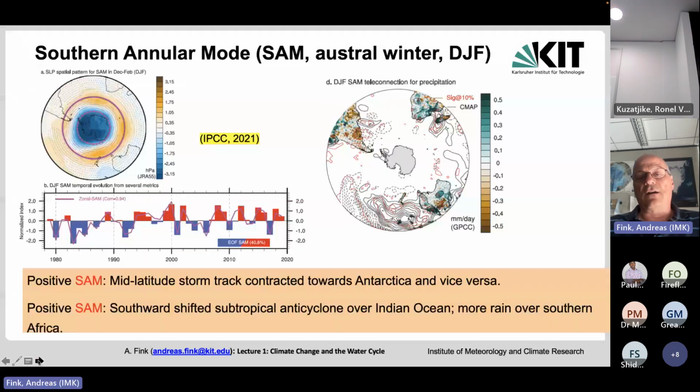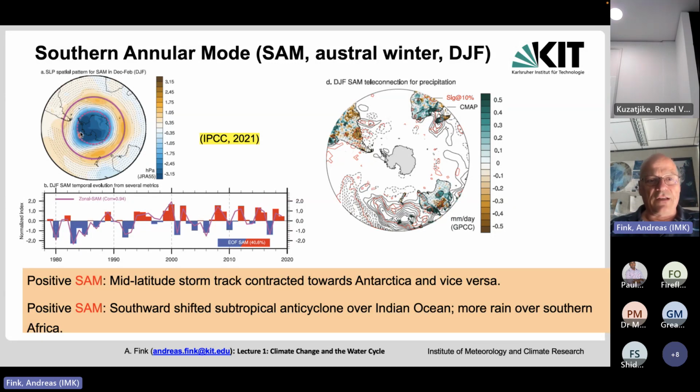Okay, so now there is another mode that is important. This is the Southern Annular Mode, abbreviated SAM, in austral summer, so that's December, January, February. Basically, what it describes is whether the stormy zone around Antarctica, the westerly flow around it, is in a more southerly position, more contracted to Antarctica, or going farther, let's say, equatorward.